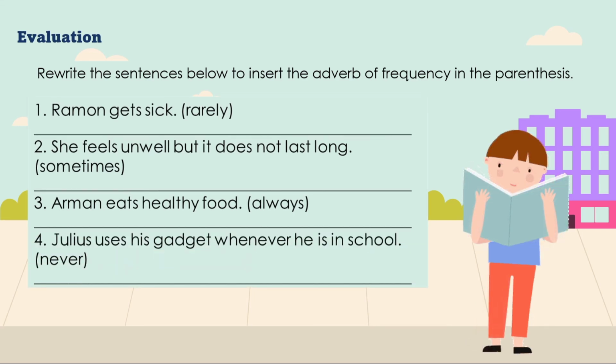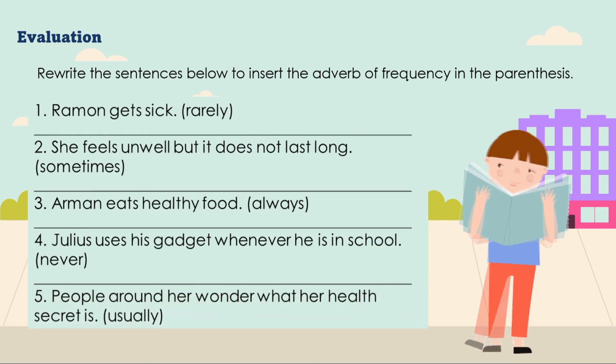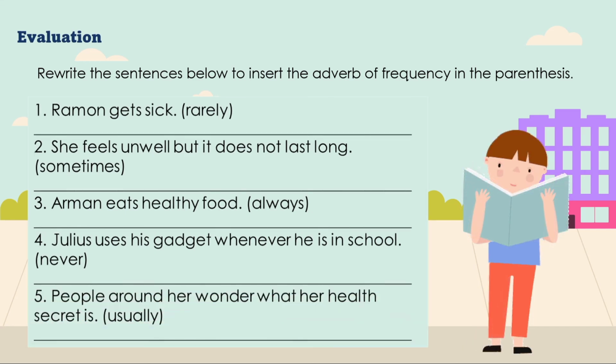How about number 4? Julius uses his gadget whenever he is in school. You're going to use the adverb of frequency never. How about number 5? People around her wonder what her health secret is. So the adverb of frequency you're going to use is usually. You're going to rewrite the sentence on the blank provided.